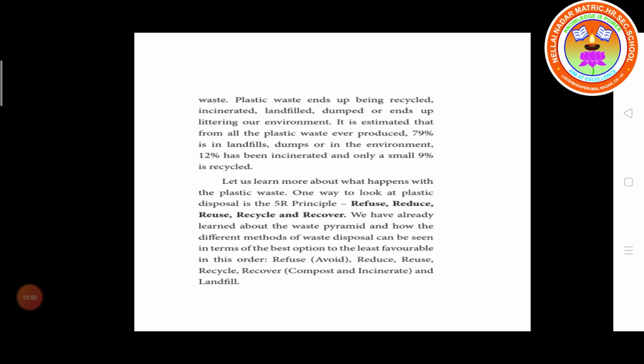We have already learned about the waste pyramid and how the different methods of waste disposal can be seen in terms of the waste options, from the most favorable to the least favorable in this order. Refuse means avoid or reduce, then reuse, recycle, then recover. Recover means compost, incineration and landfill.